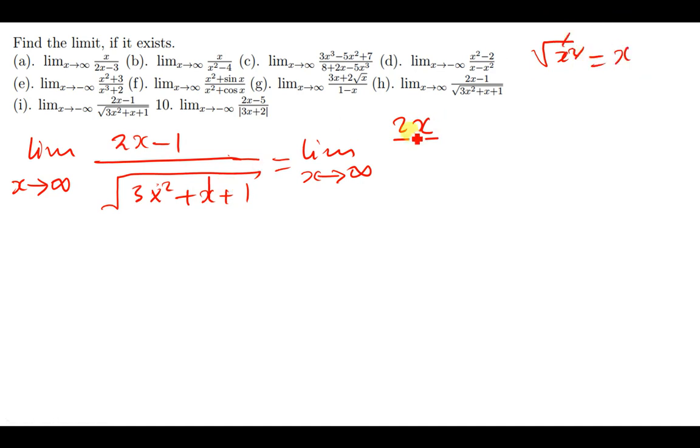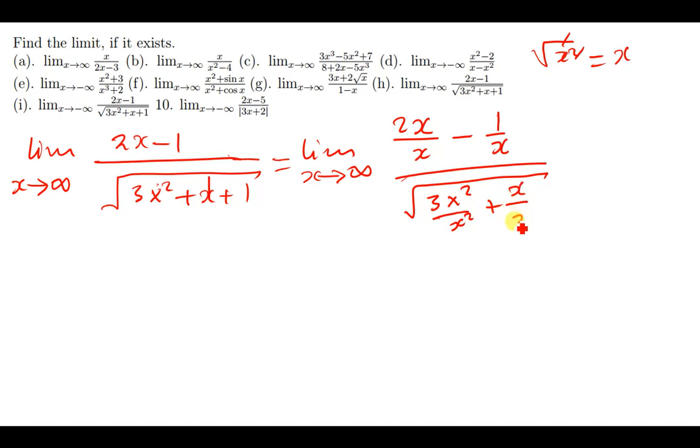It's just the same as dividing everything by x, and you say minus 1 over x, and then everything divided by this part is also the same as the square root of 3x squared over x squared, then plus x over x squared, and then plus 1 over x squared.